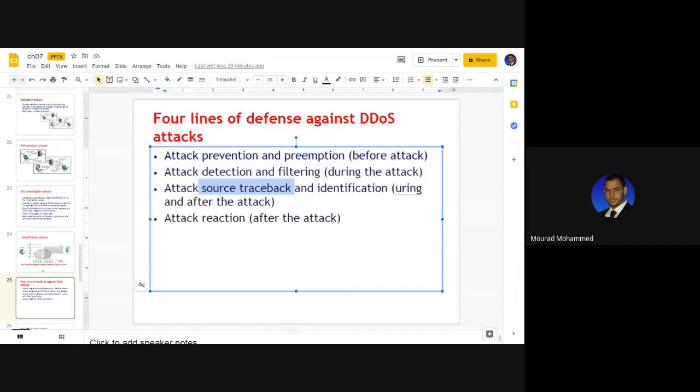Another purpose is that if the attack happens, there will be an event handler. Attack reaction after the attack means that there is an event handler to control the trigger. An event handler to control the trigger means a specific kind of attack is controlled. If it happens, there is an action to happen.